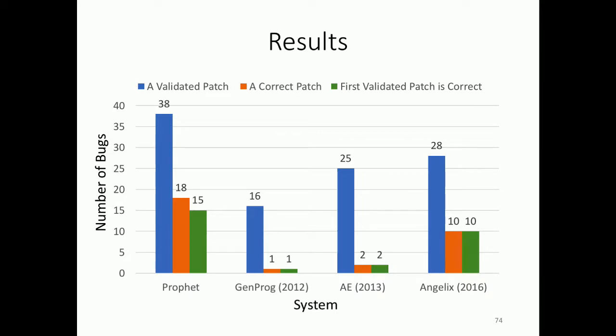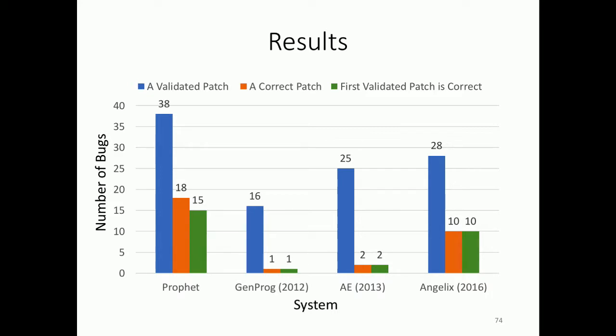Nginx is a system published after Prophet, and it uses a similar search space as Prophet, but it uses an SMT solver instead of learning to try to find validated patches that pass test cases. As you can see on this particular benchmark set, Prophet still generates correct patches for more cases than Nginx. And to the best of our knowledge, Prophet still holds the state-of-the-art results on this standard benchmark set.